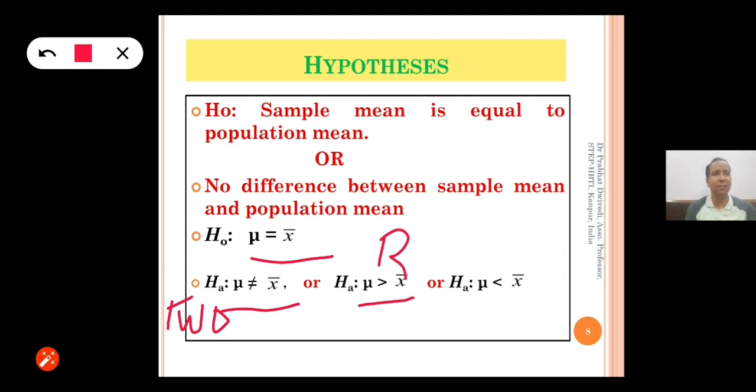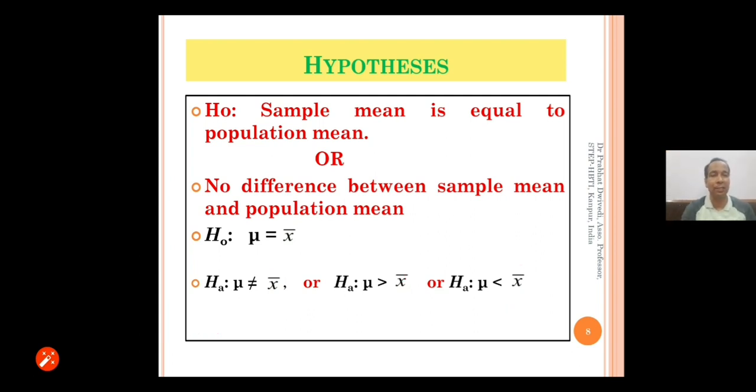And in case the alternative hypothesis is with a lesser than sign, we compute a left tail test. Learners, I am telling you this again and again so that there is no possibility for you to forget.